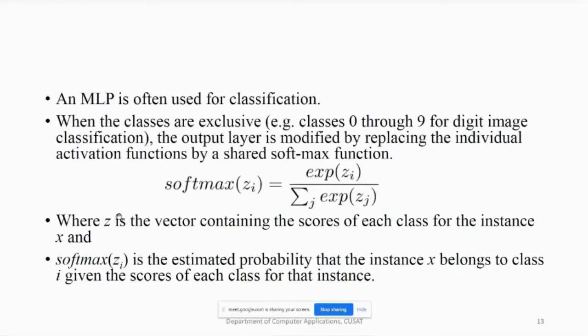And this is the mathematical format of that softmax function. Softmax of Zi is equal to e raised to Zi divided by the sum over j of e raised to Zj, where Z is the vector containing the scores of each class for the instance X. That is, when we input an instance, and that instance is part of a 10-class problem, then corresponding to that particular instance, we expect 10 different scores.